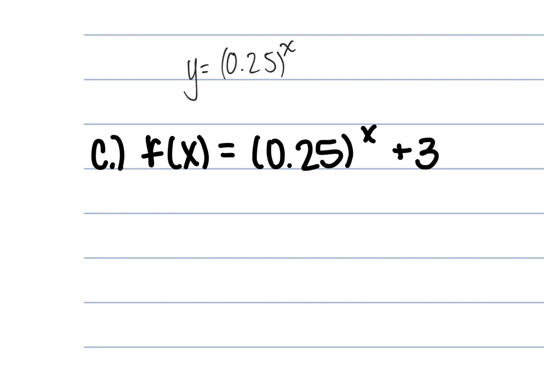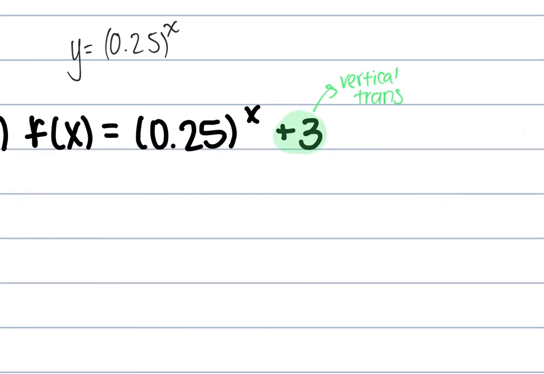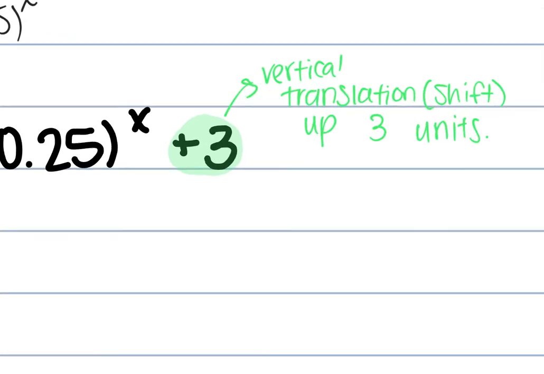Vertical translation upward. You said vertical what? Translation upward. Good. Or shift upward. It's a vertical translation or shift, and it's going up 3 units. Does it matter if you write translation or shift? No, either one is fine, okay?